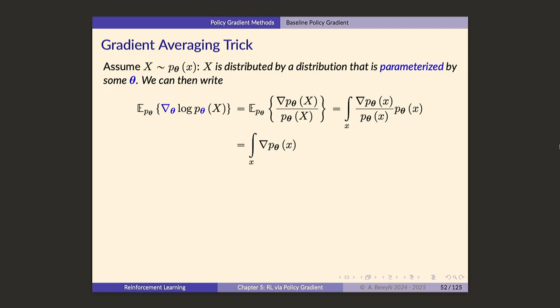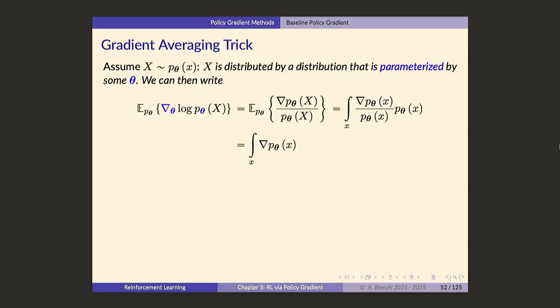The gradient is taken with respect to theta. You can ask questions, you know. Everybody sees what I'm doing? The gradient is with respect to theta. What is the integral with respect to? X, right?